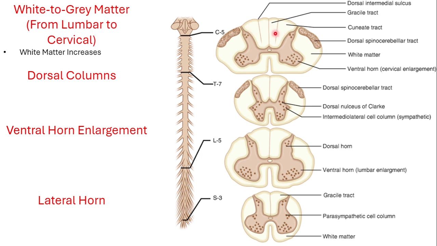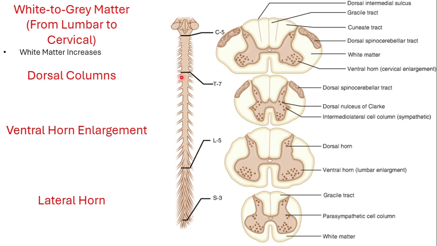So if we divide the spinal cord into a portion above T7 and below T7, what we can see is that the spinal segments below T7 are composed of only one dorsal column here and one dorsal column here. But above T7, we have two dorsal columns here and two dorsal columns here. So why is that?